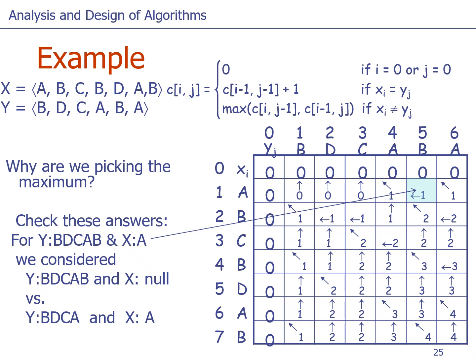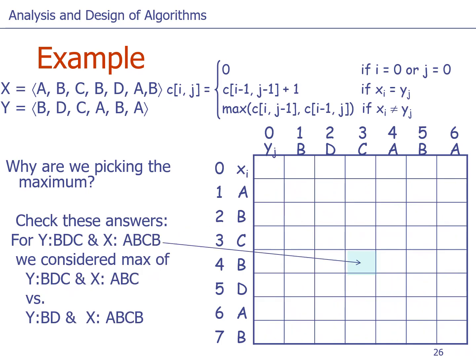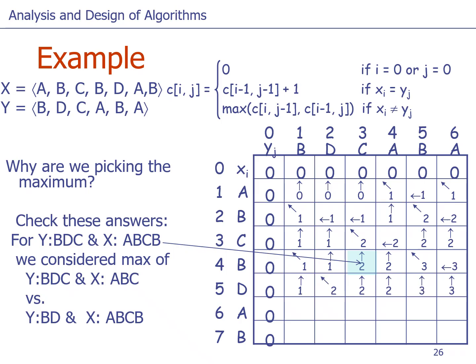I am showing you first a trivial example here because there are zeros and an empty string in the X, and then in the next slide I show you one in the middle, and again it will be clear to you why we are actually picking the maximum from these 2 examples. This is just an additional tracing effort on my behalf to make sure that you got the idea.